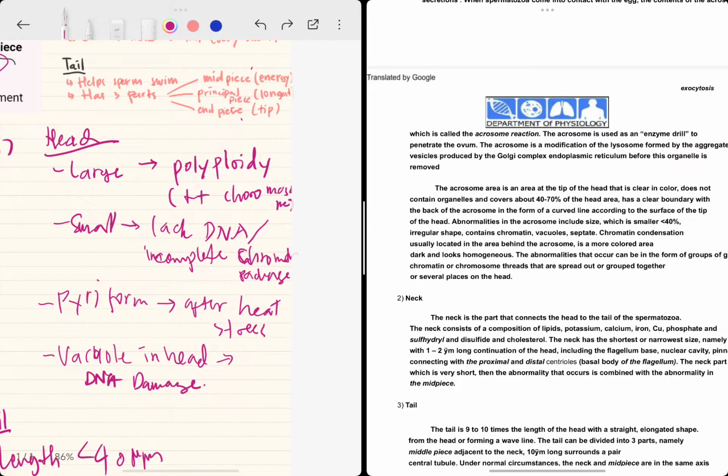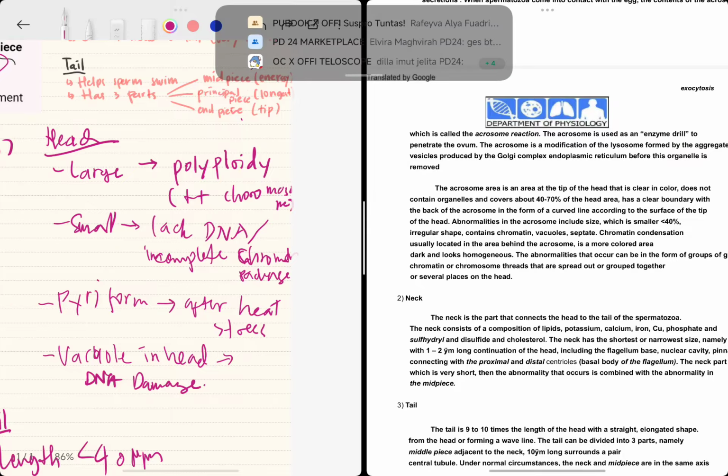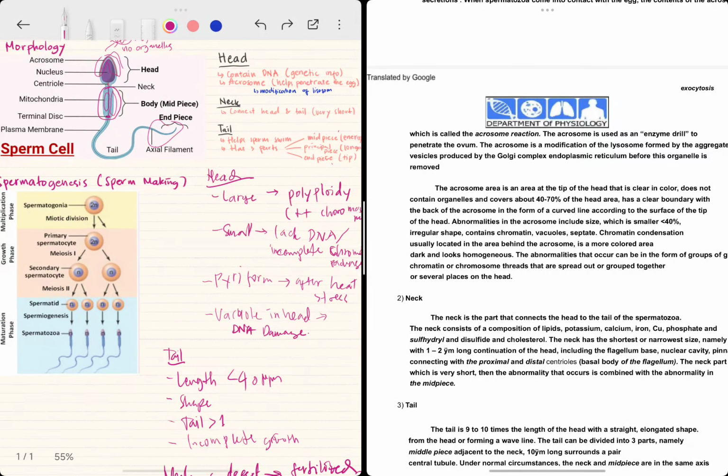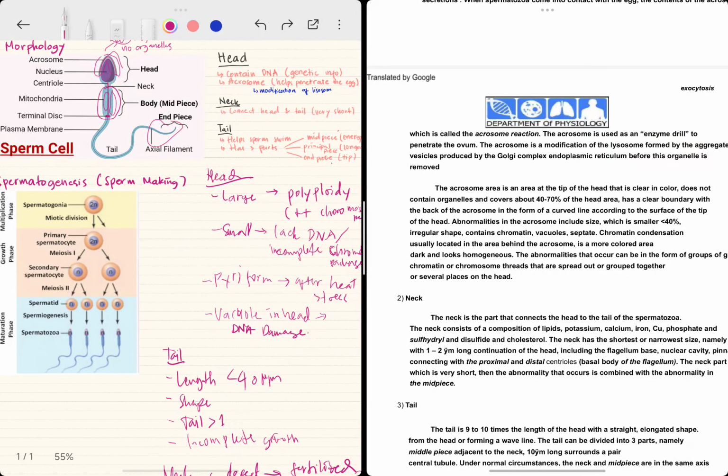Then we have vacuoles in the head: more than two small vacuoles, or large vacuoles that cover more than 20% of the head area. It could indicate DNA damage, and this is assessed strictly under high power oil immersion, 1000 times.